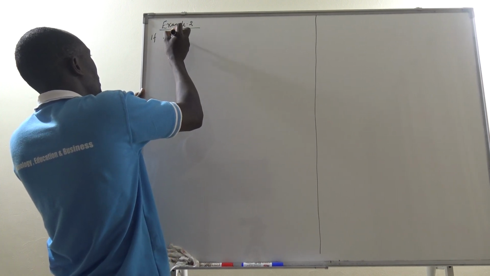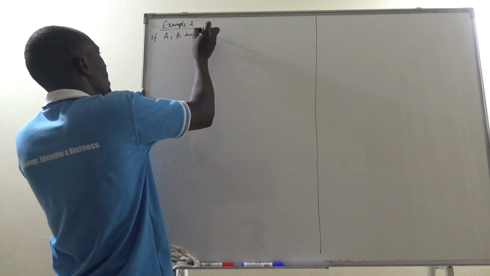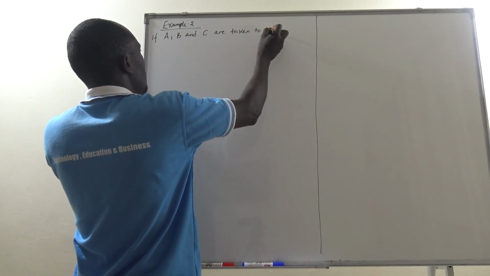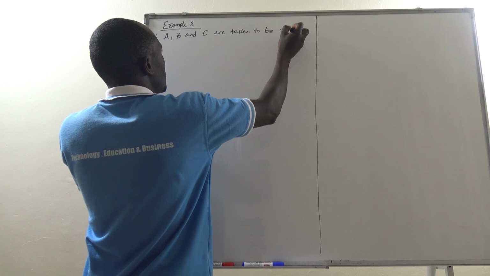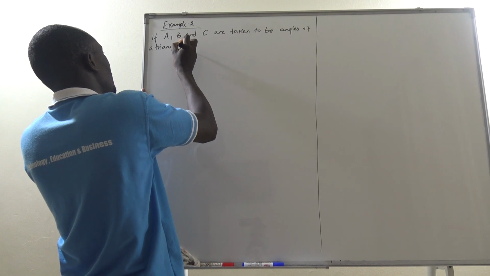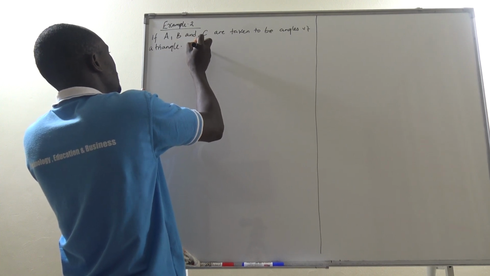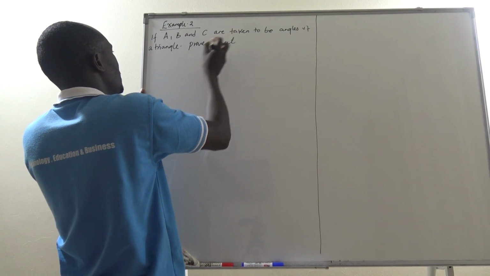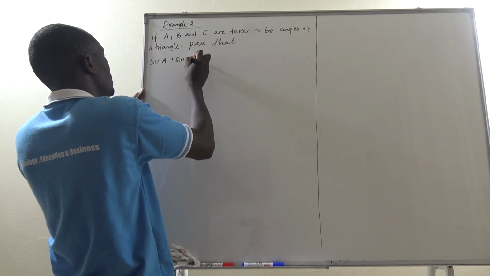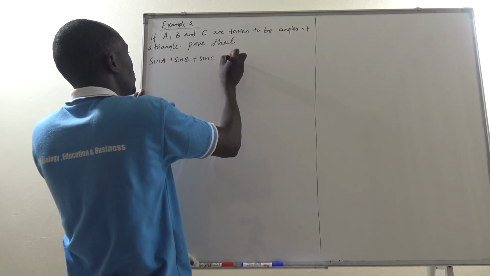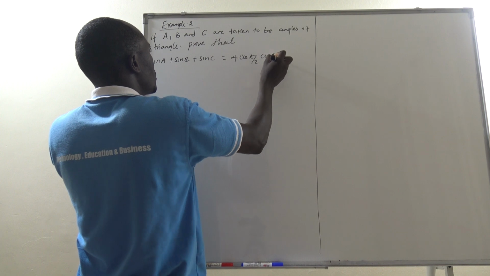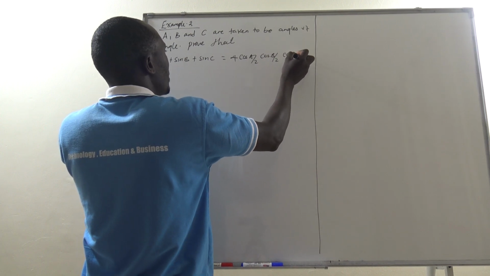If A, B, and C are taken to be angles of a triangle, prove that sin A plus sin B plus sin C equals 4 cos A by 2 cos B by 2 cos C by 2.